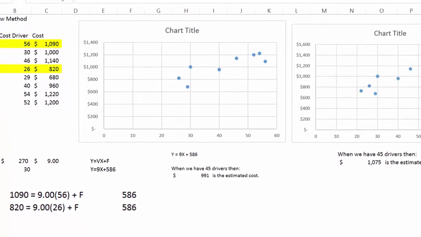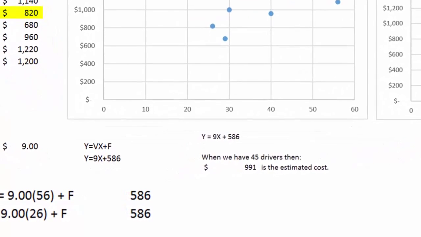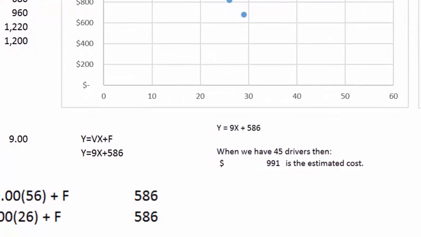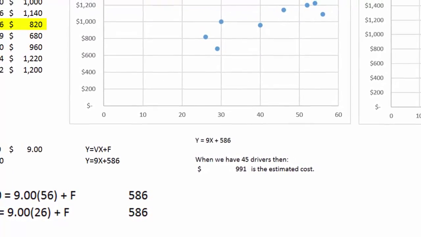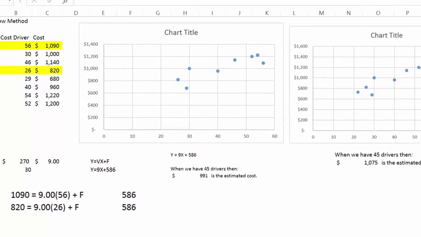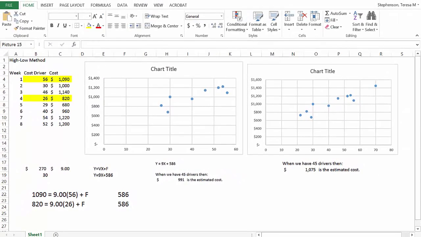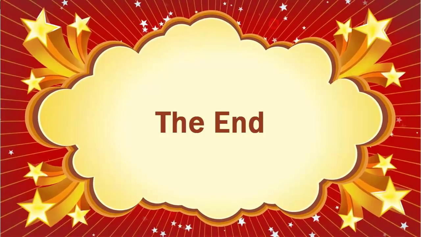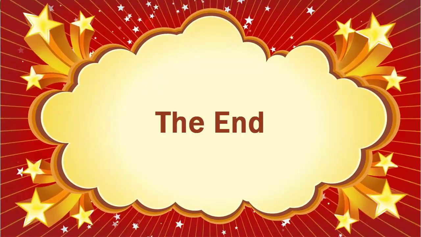What we have now is y equals 9x plus 586, and when we plug 45 in as x and we solve, we get 991. So the same data in the middle, but we got rid of those outside observations and it changed our line significantly. How do we fix that? We go to regression analysis, and that's the topic of the next video.